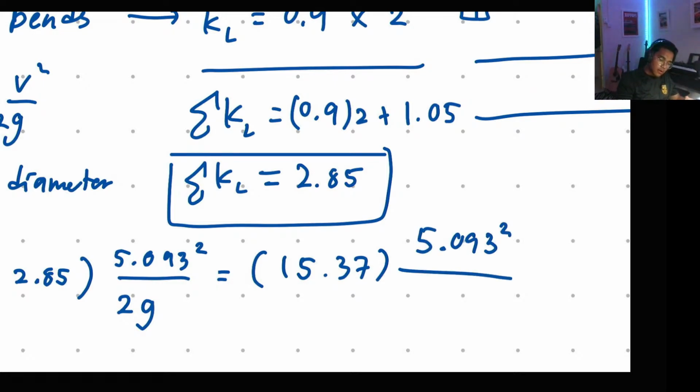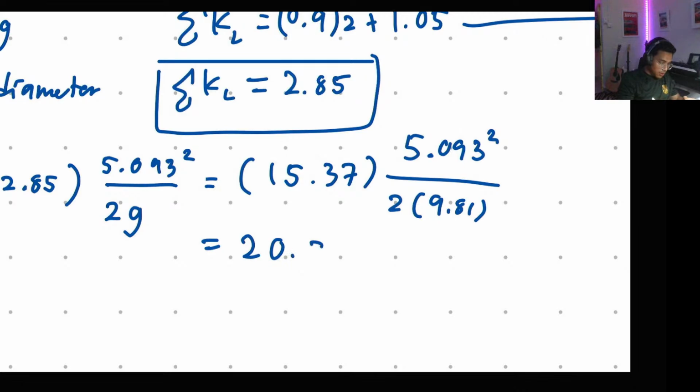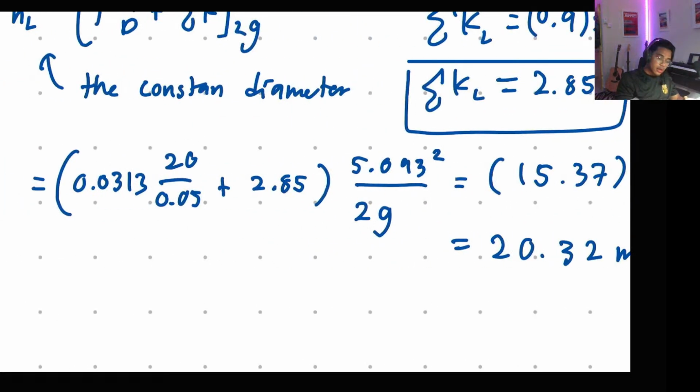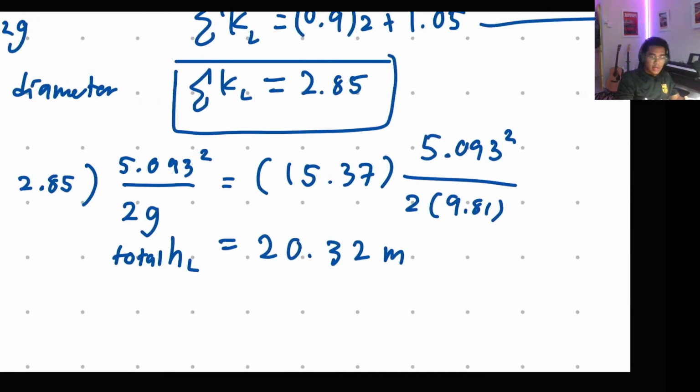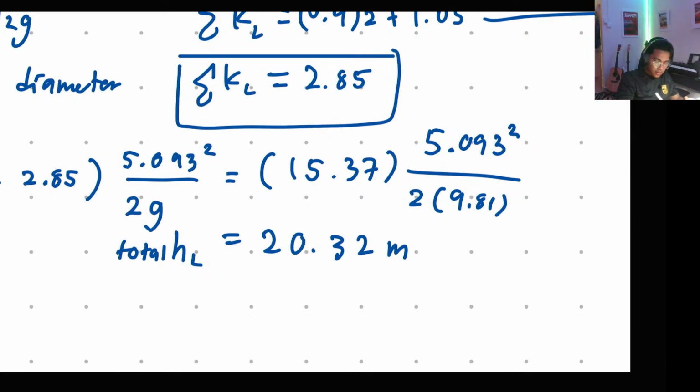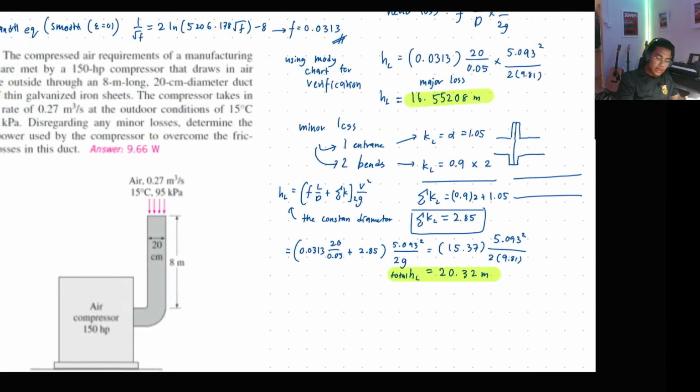Then 5.093 squared over 2 times 9.81 akan dapat 20.32 meter total HL. Okay guys, now we already found the total head loss, which is 20.32 meters.